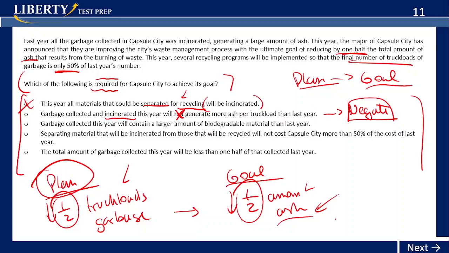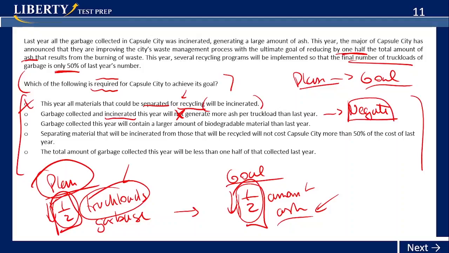What would happen then? If every truckload of garbage will generate more ash than last year, then if you reduce by 1/2 the number of truckloads, you will not be able to reduce by 1/2 the amount of ash. Let me graph this out.